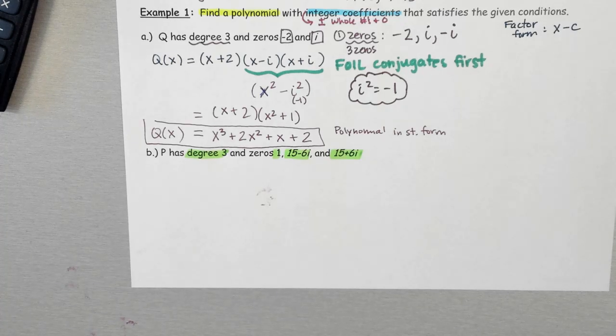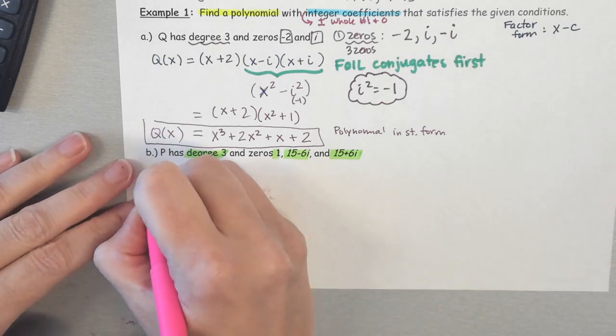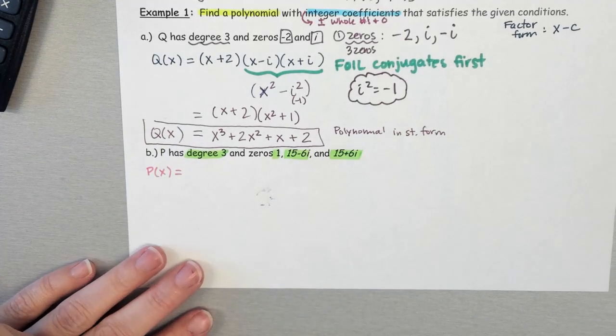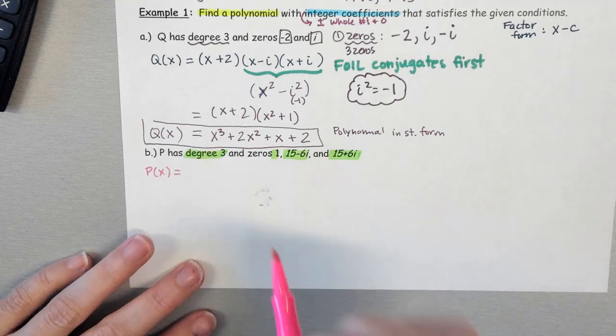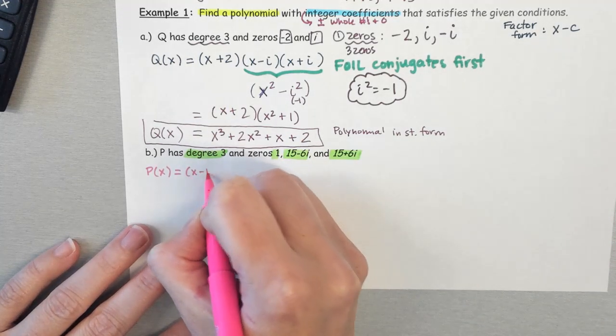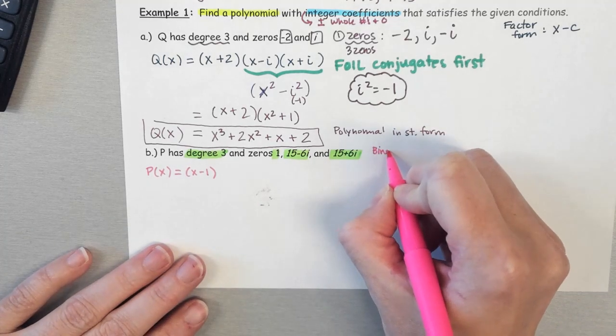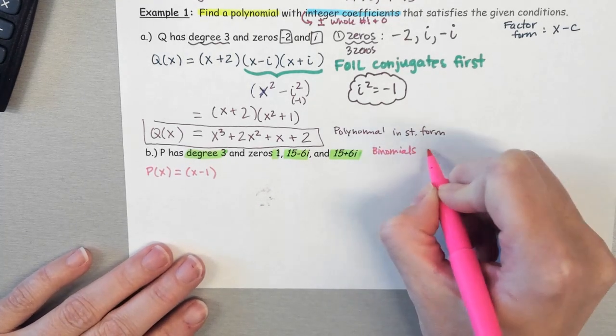But the difference with this one is that you have binomials here. Okay, so we're going to start with P of x equals. And if you have 1, you write it as x minus 1. And then if you have a binomial, binomials get brackets.